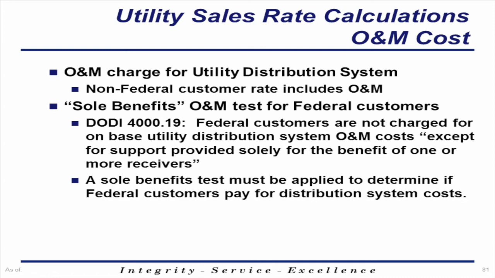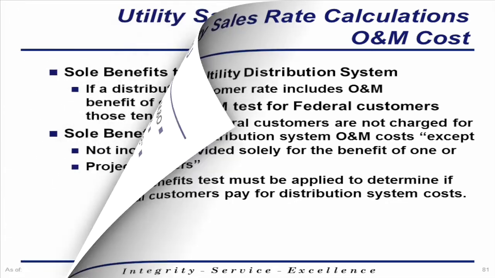4000.19, which is support agreements, it says specifically that federal customers are not to be charged for the on-base utility distribution system O&M cost, except for support provided solely for the benefit of one or more receivers. That means that a sole benefit test has to be applied to federal customers to see if they must pay for distribution system costs.